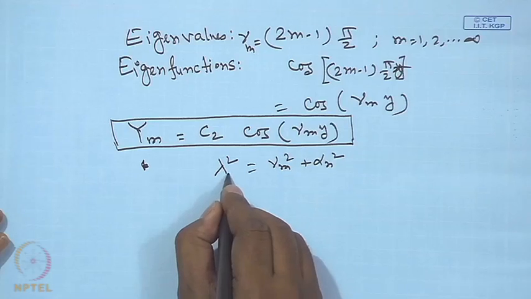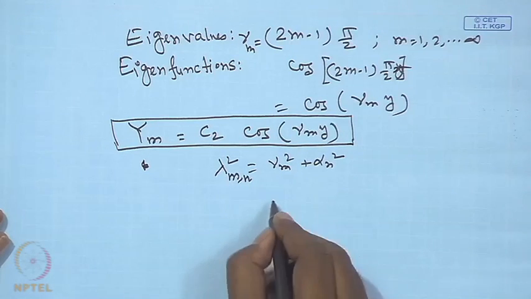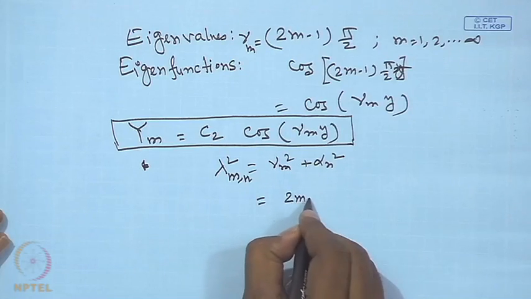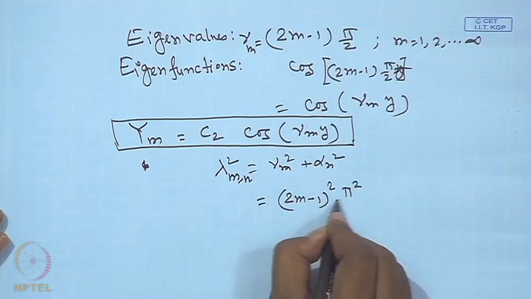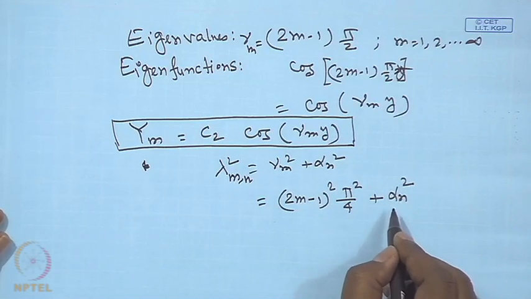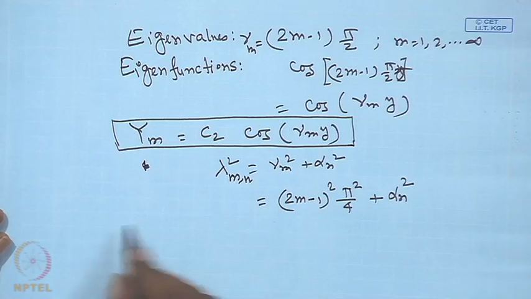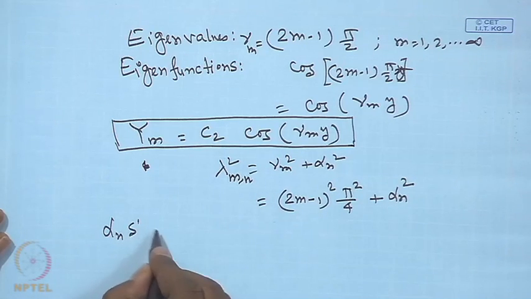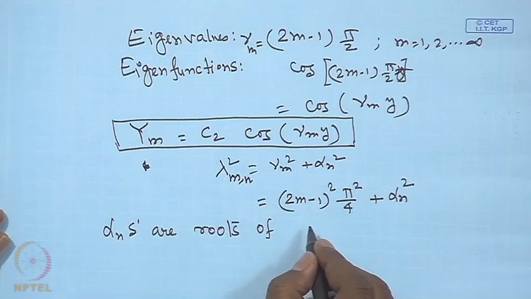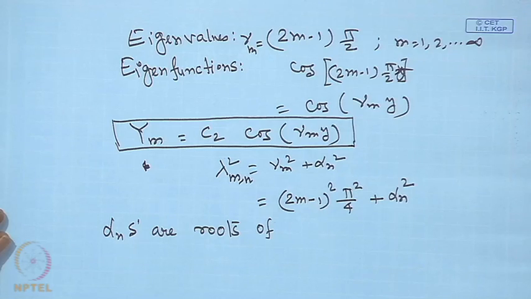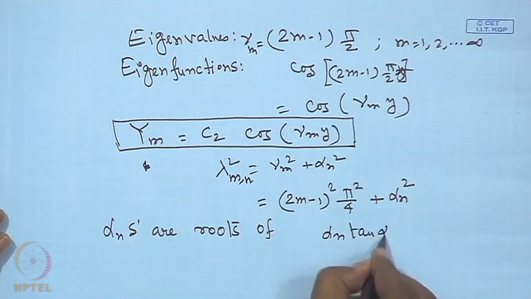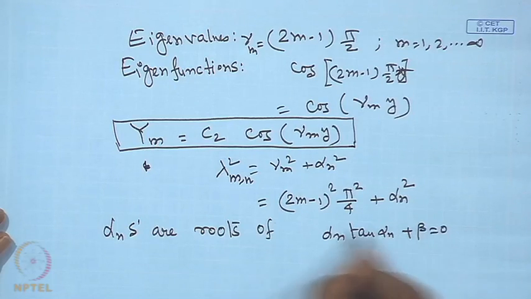So, we write lambda subscript m comma n. nu m is basically (2m minus 1) whole square pi square by 4 plus alpha n square, but in this case we do not have the explicit expression of alpha n, because the alpha n's are roots of the transcendental equation that we have already written earlier, that is alpha n tan alpha n plus beta is equal to 0.